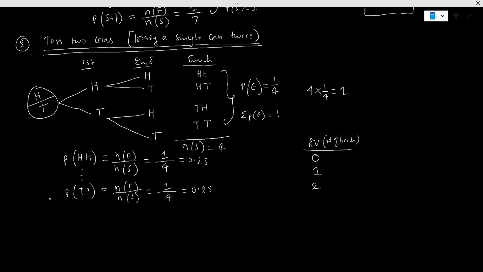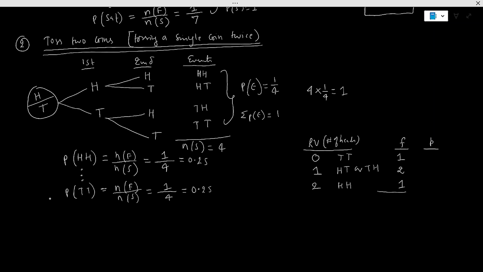Now let us first write the events. Zero heads means one event, and for one head, either this event or this event qualifies for this condition, and for both heads, one event qualifies. Now let us write their frequencies: one event, two events, and then again one. And let's write their probability.